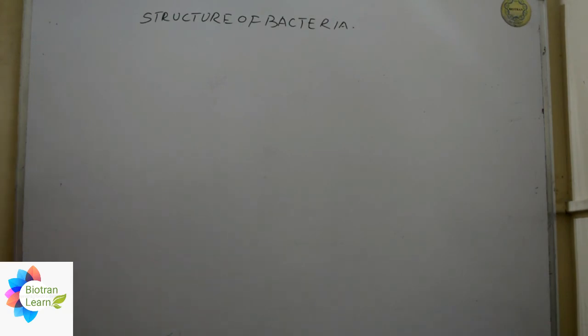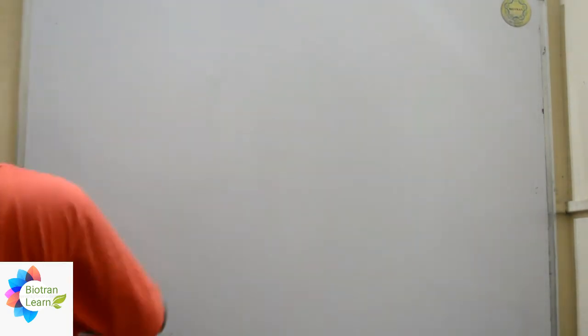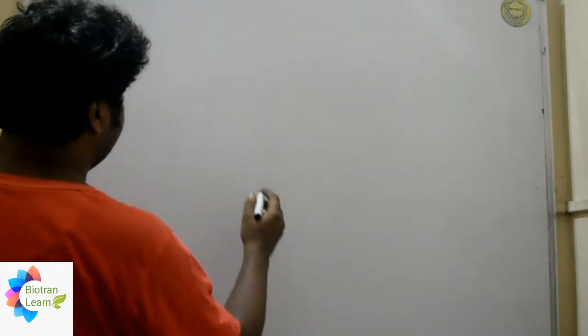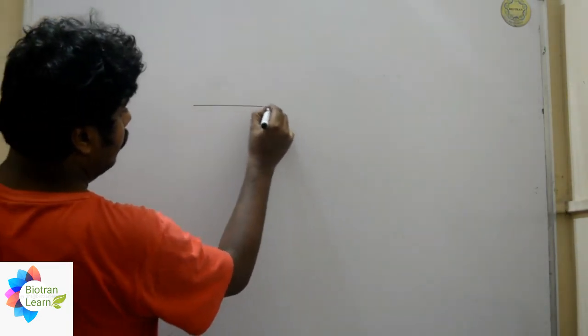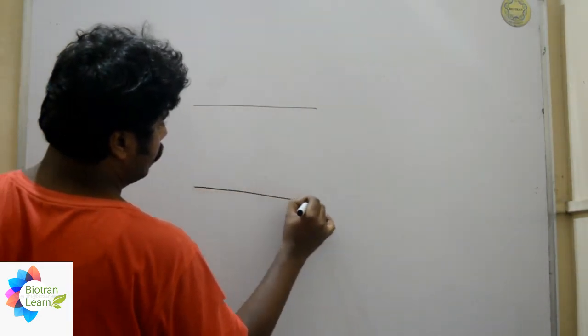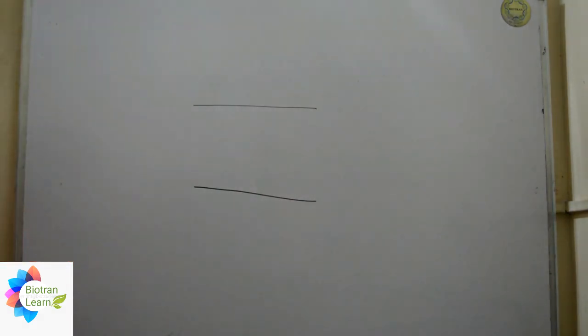So what we can get, I'll need a full board here, right? Now just draw two parallel lines. These are quite easy to draw, right?